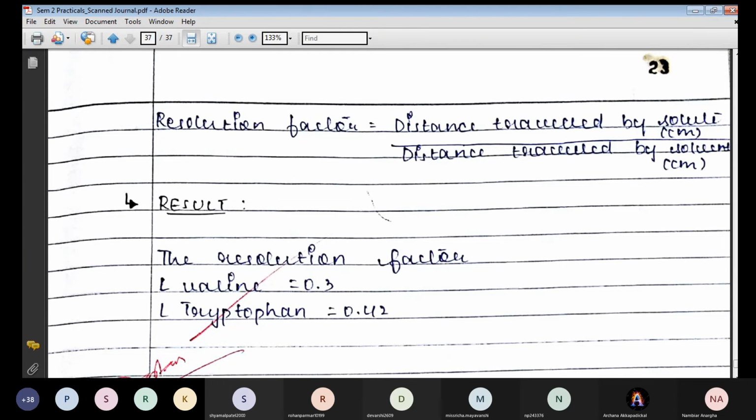You should know everything about the practical you have been performing or have been taught. You need not know the other dyes that can be used with these solvent systems, no need of that. Basically, majorly you should know.